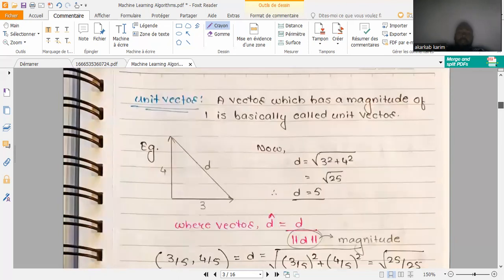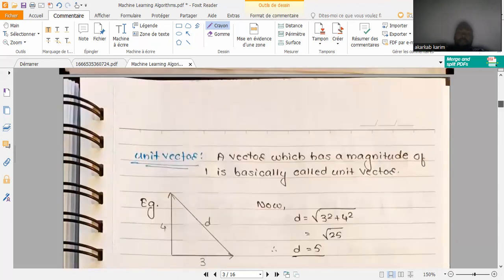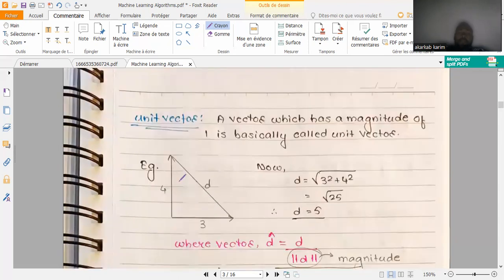Well, if we take an example here, we have this triangle, and we have this distance D. Let's try to calculate the value of this distance. We have some measures for this, 3 by 4.